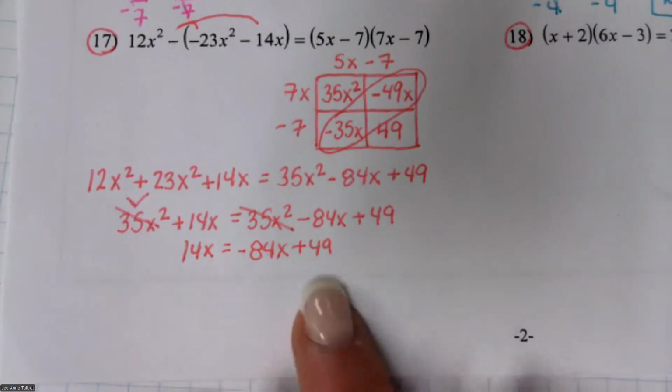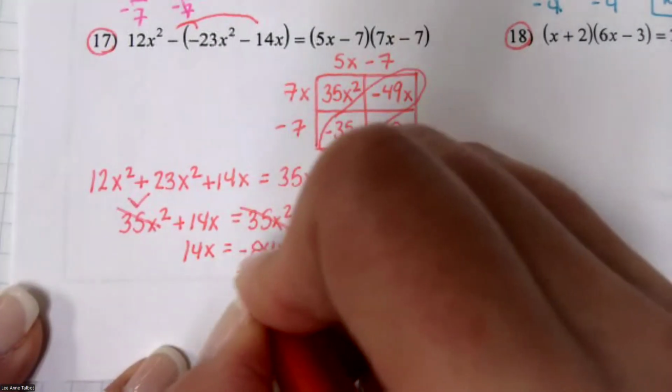Okay. Now I'm going to add 84x to both sides.